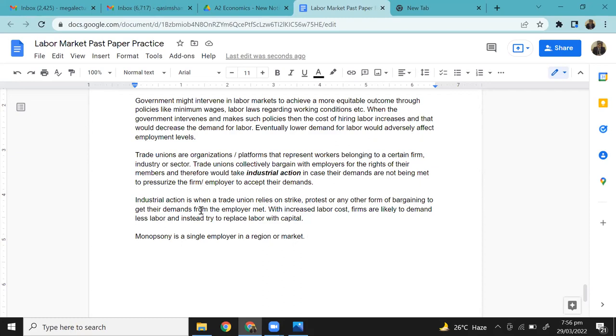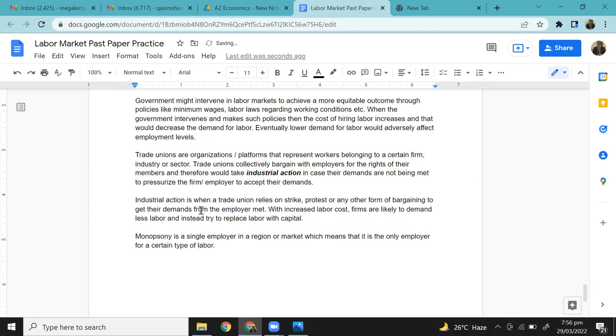So now let me define exactly what that means. Monopsony is a single employer in a region or market, which means that it is the only employer for a certain type of labor.